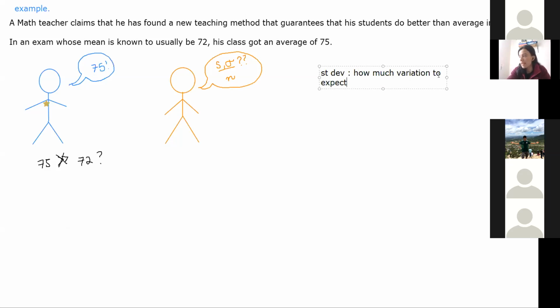And so if the standard deviation is large, then a score of 75 is not that impressive, right? So that means that a large standard deviation means the grade of 75 is not that impressive, right?